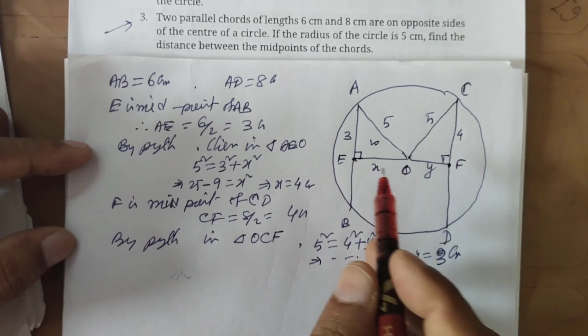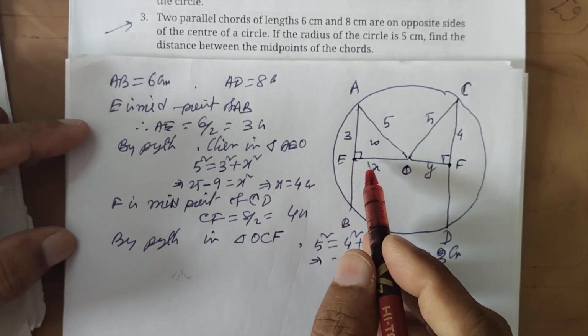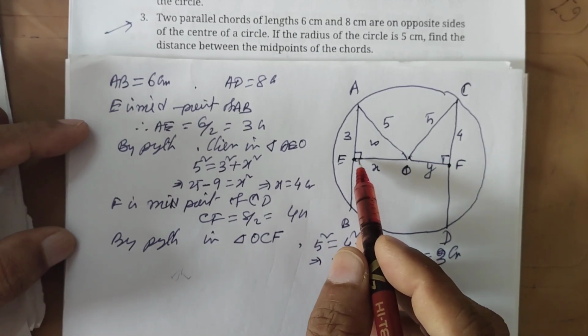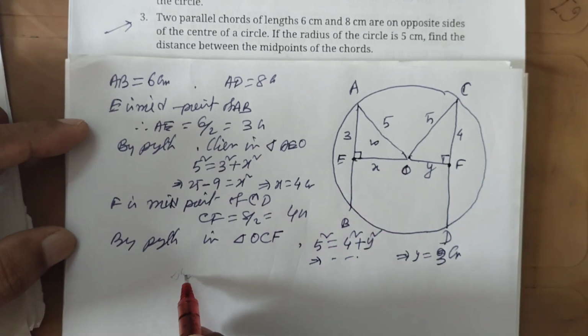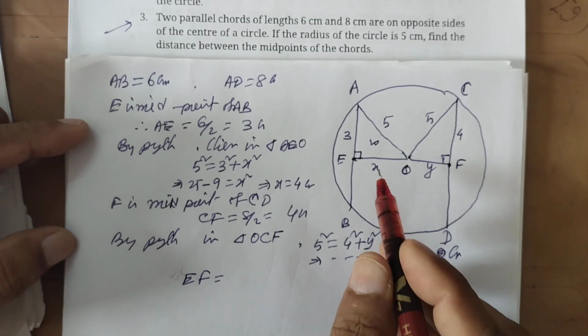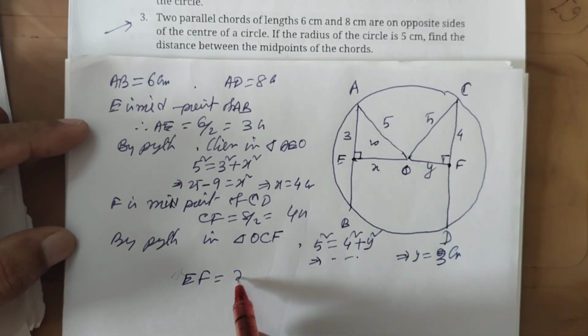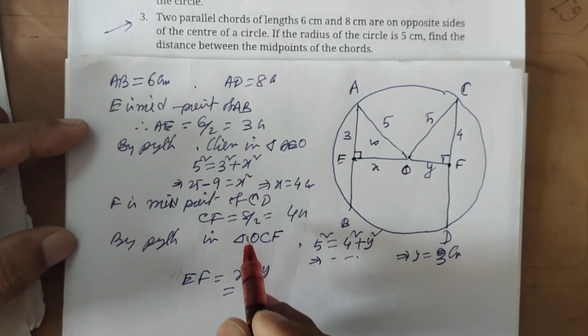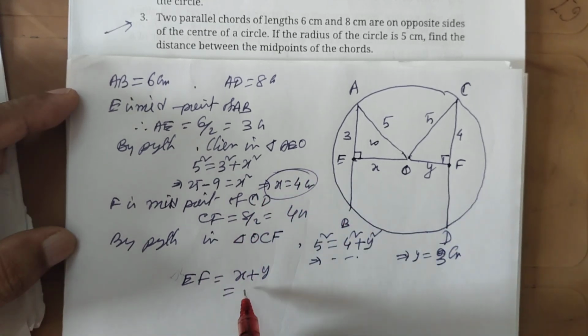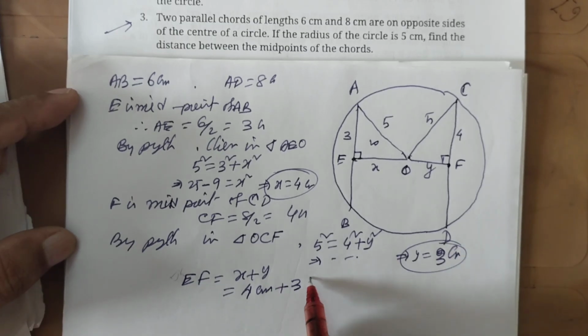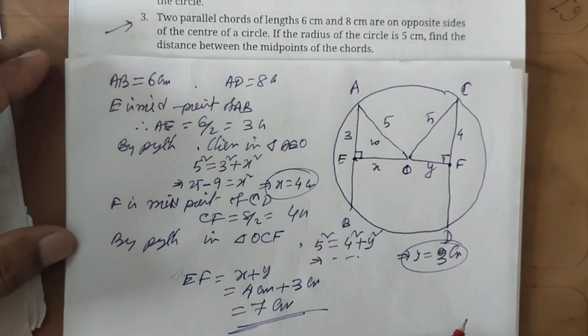And you are asked to find the distance between the midpoints, that means you have to find EF. So what will be EF? You can see in the diagram, EF is x plus y. X is 4 centimeter and y you got 3 centimeter, that is 7 centimeter, and this is the complete solution.